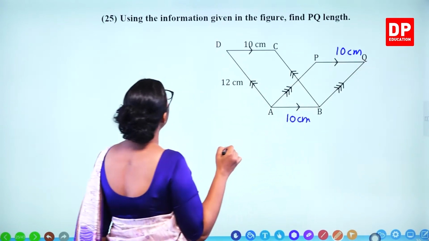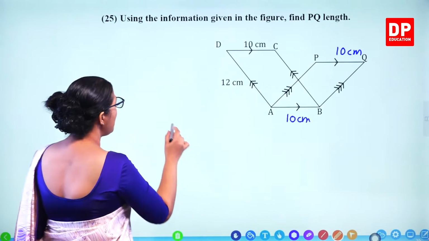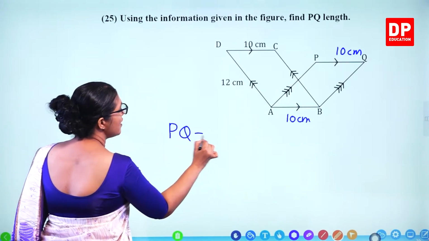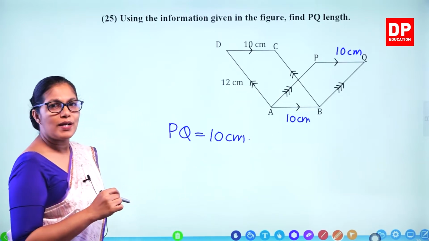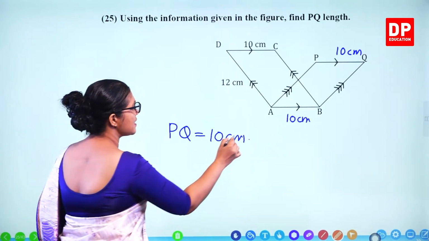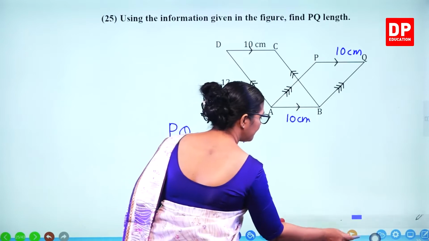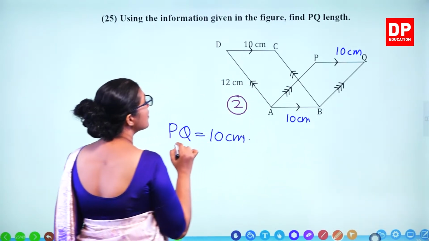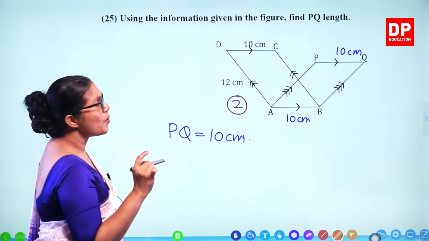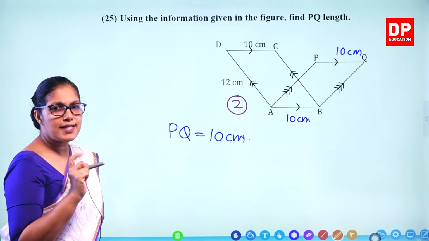So what's the PQ length? 10 centimeters. So straight away you can get the answer. PQ equals 10 centimeters. 2 marks. So this is the last question in part A.